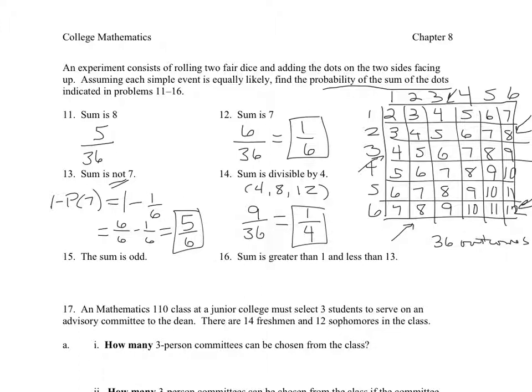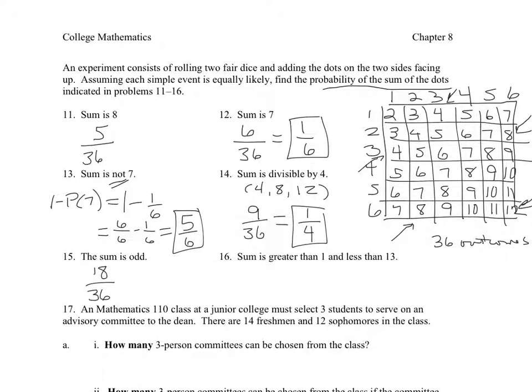divisible by 4. Now, to calculate how many of these numbers the sum is odd, well, that means I've got to count up how many 3s, 5s, 7s, 9s, and 11s. Count those up, and you're going to see 1, 2, 3, 4, 5, 6, 7, 8, 9, 10, 11, 12, 13, 14, 15, 16, 17, 18 out of 36.